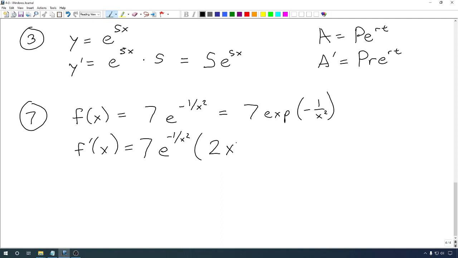And then we're going to lower the power of negative 2 to a negative 3. We can actually go ahead and turn this back into a fraction. In fact, I'm going to go ahead and combine the 7 and the 2. So that becomes a 14. We're going to have an x cubed on the bottom. And we still have the e to the minus 1 over x squared.